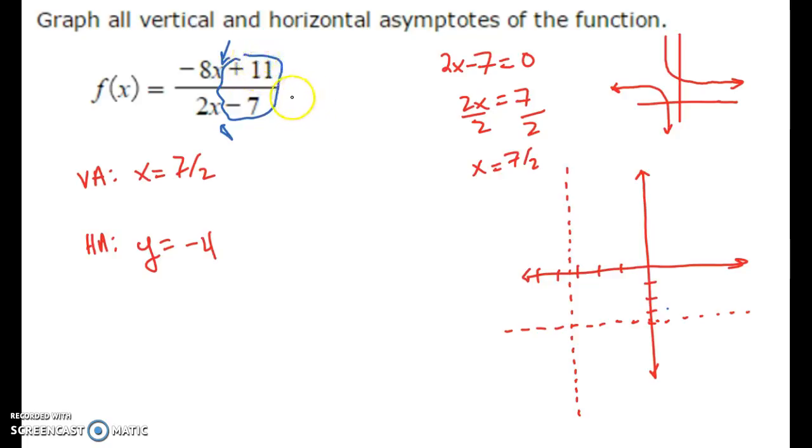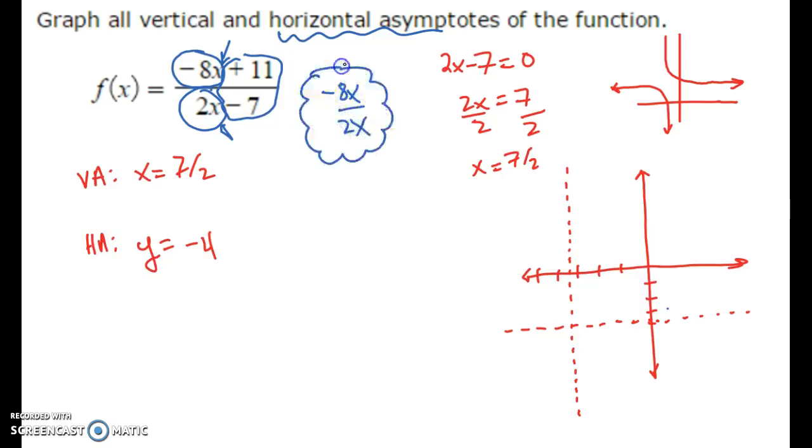So another way to think about horizontal asymptotes is to kind of look at the most powerful term for each part of the thing and ignore every other part of this and look to see what kind of expression you get. I would get something like this. And if this thing simplifies completely, well, these x's totally cancel off and I'm left with just -4.